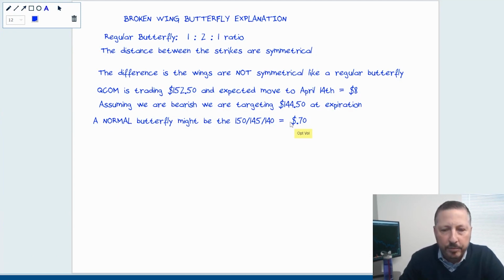145 being the optimal place, but let's say we're right that the stock goes down because we were bearish. But what if the stock flies down through the lowest strike here? Then that spread could be worth zero.